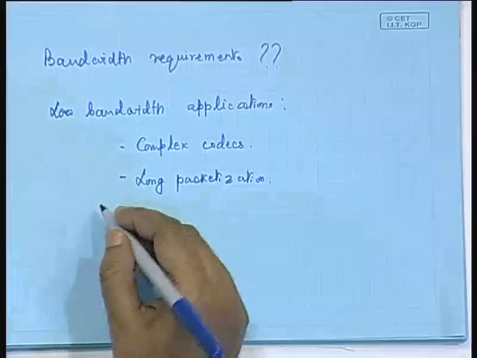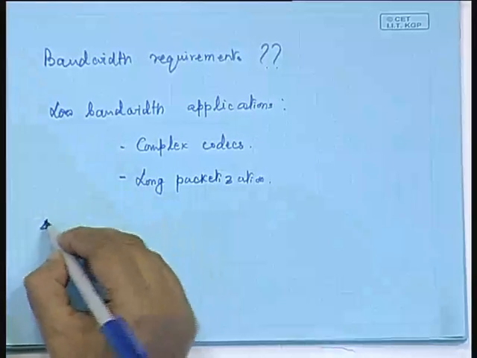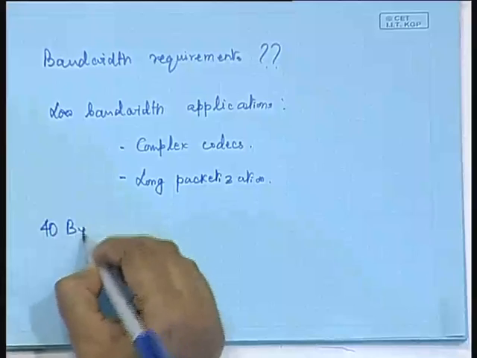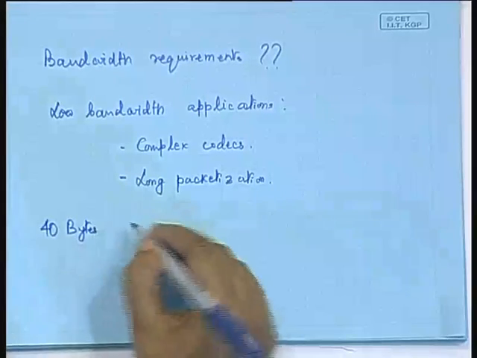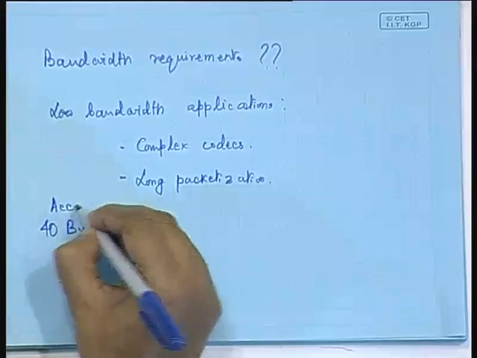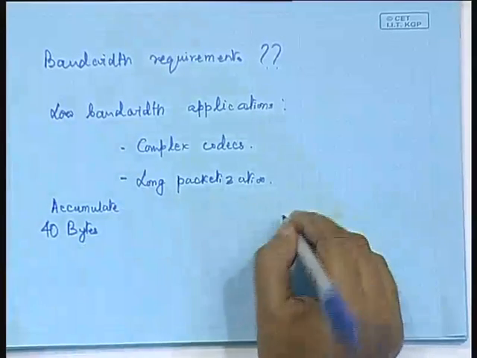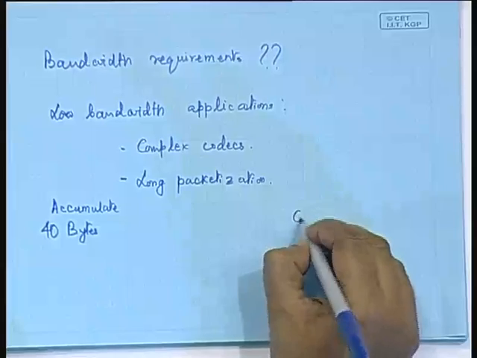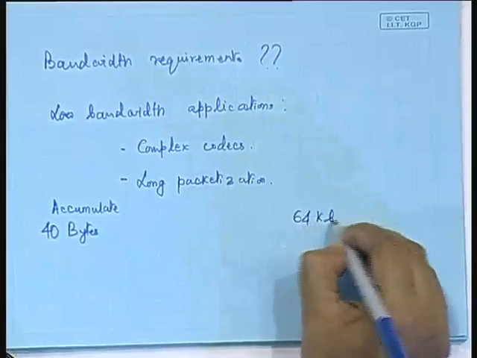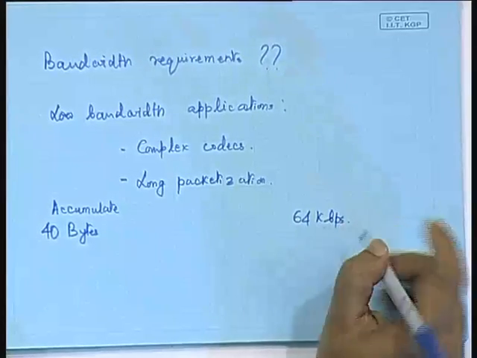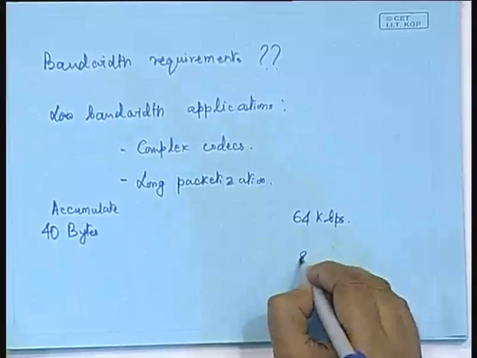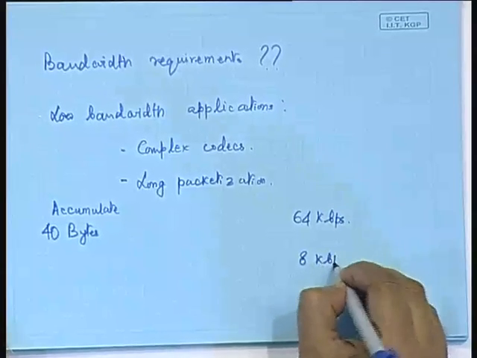Supposing we have to accumulate 40 bytes in a buffer, and there are two choices. One is that we can use a 64 kbps bit rate channel, or alternatively we can use an 8 kbps channel.